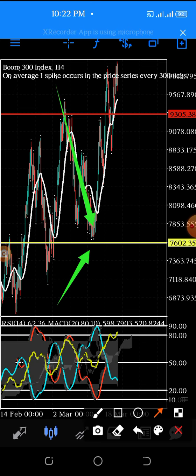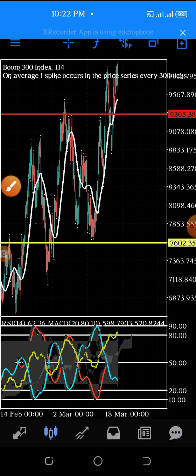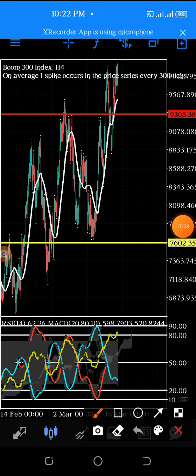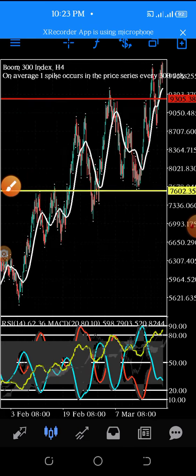When they reached here, the bears or the sellers became tired. They pushed the market down to this place, and the market turned back. Who pushed this market up? The buyers or the bulls. They pushed this market up here.